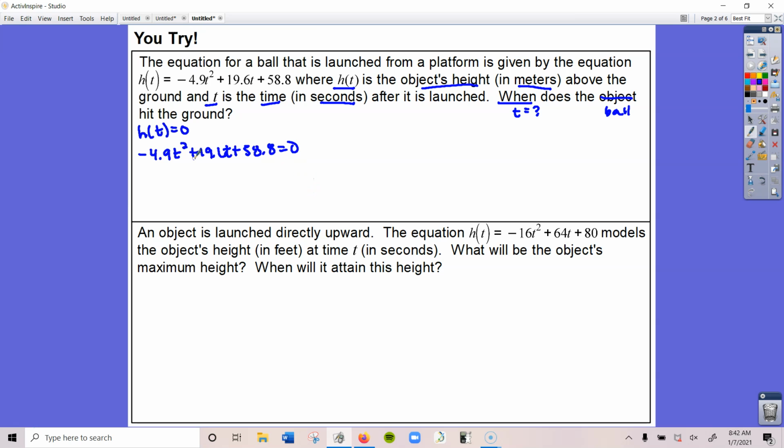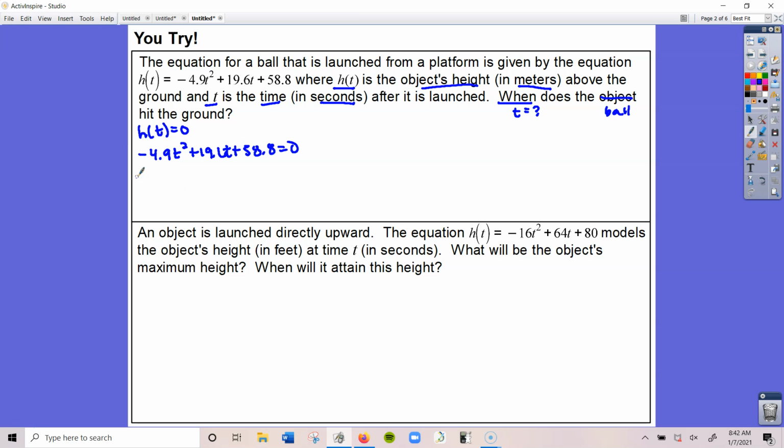Now, since we're trying to solve for the time, we can certainly use the quadratic formula just like we did in the previous example. However, sometimes what I like to do is check to see if the number that is attached to the t squared or the x squared or whatever squared is divisible by every single term. Now, negative 4.9, I'm sorry, 19.6 is divisible by negative 4.9, and so is 58.8.